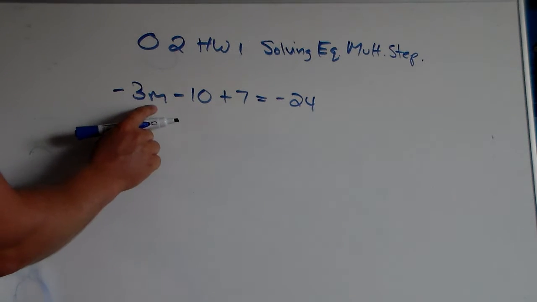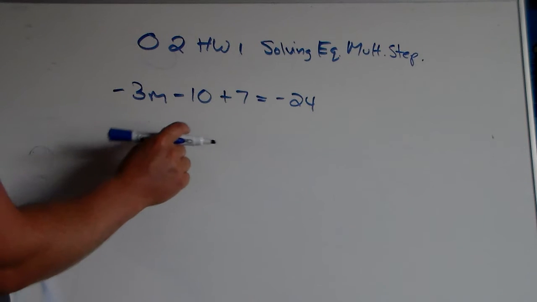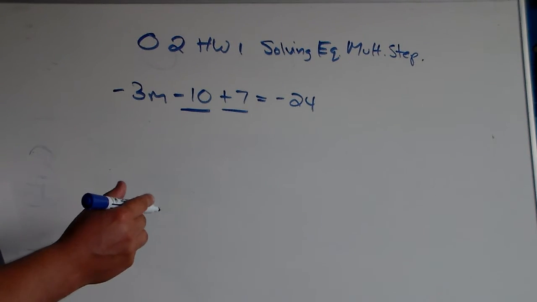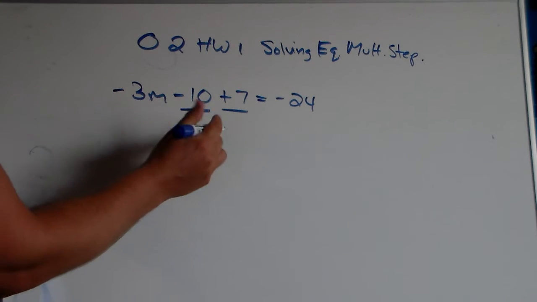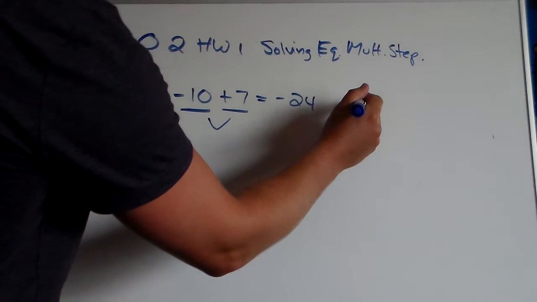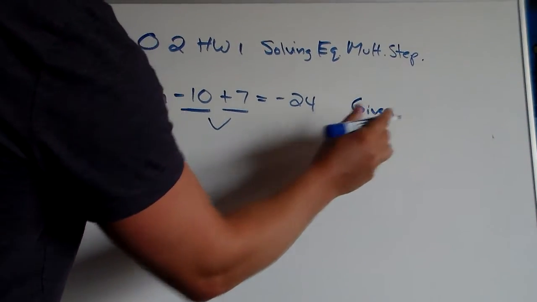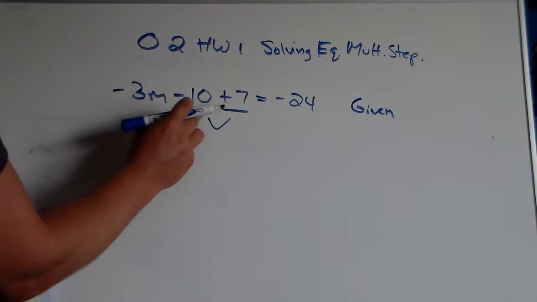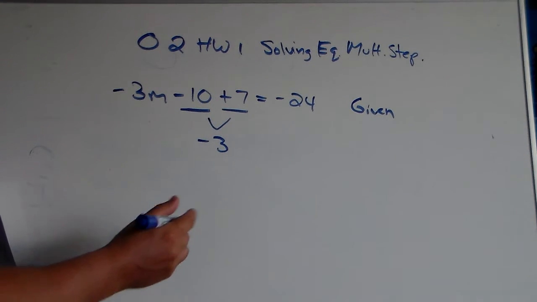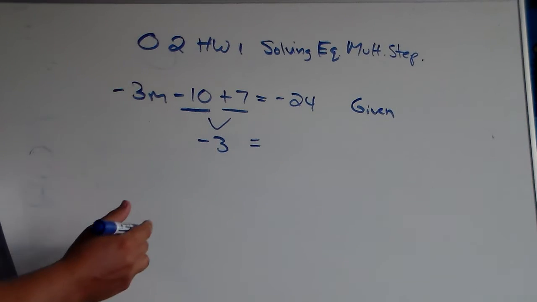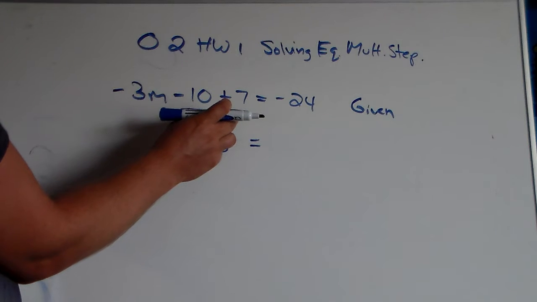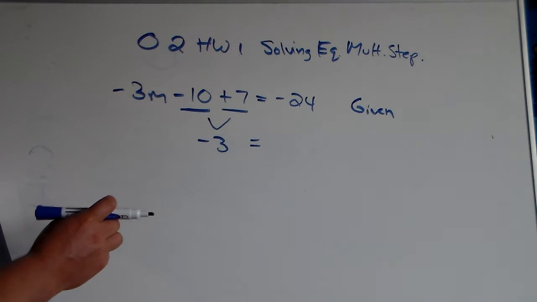Now, negative 3m minus 10 plus 7. Well, negative 10 and positive 7, they are like terms, so we can combine them. So that's what we're going to do in our first little step here. This is given to us. Our first step, negative 10 plus 7, gets us negative 3. Now when you're combining like terms, you don't have to do this to both sides of the equation, because all the work is just on the left-hand side of this equal sign.